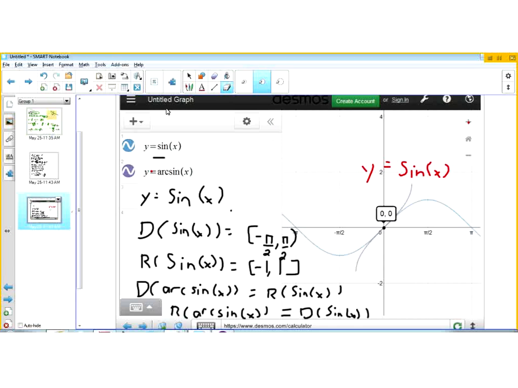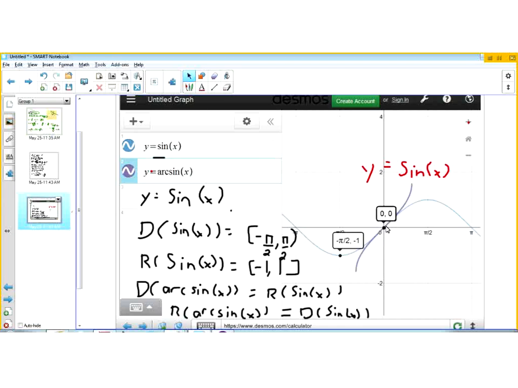So if we identify one of the endpoints on principal sine, we see negative pi halves, negative 1 is on the graph for principal sine. Then we would expect that negative 1, negative pi halves would be a point on the graph of arcsine. And there it is. You see how they're symmetric with respect to the line y equals x.